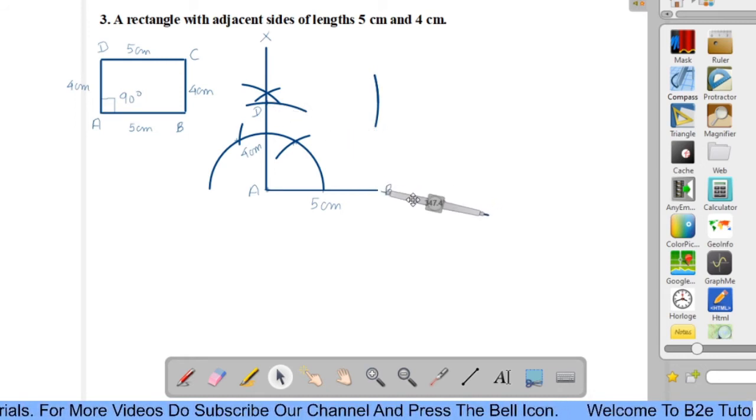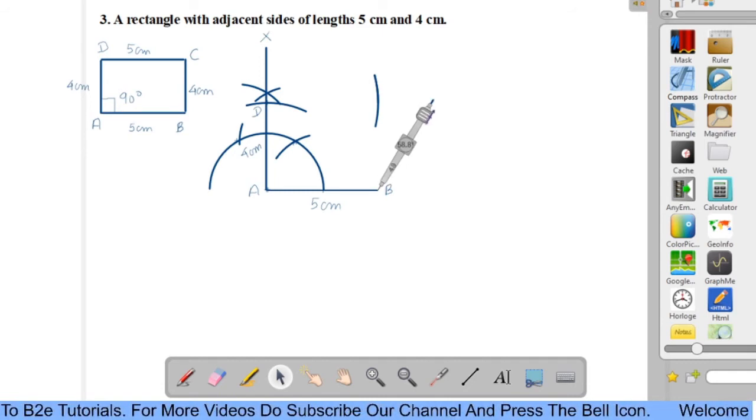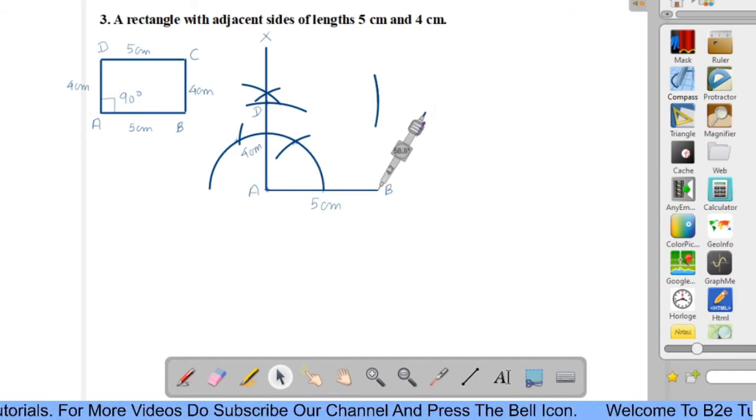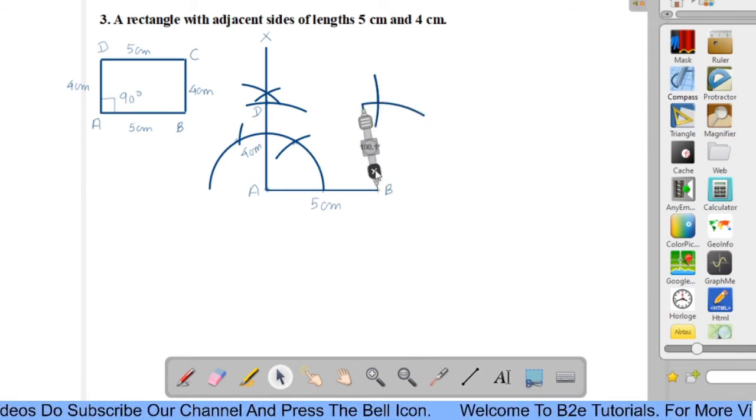With center B and radius 4 centimeter, cut another arc intersecting the previous arc at C.